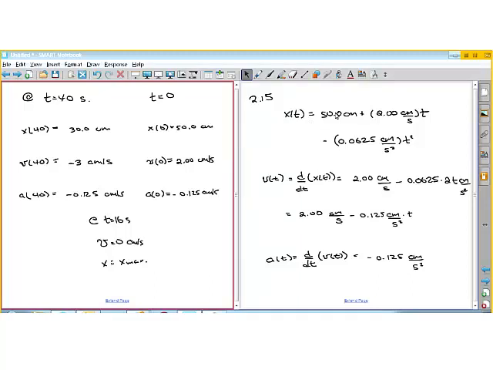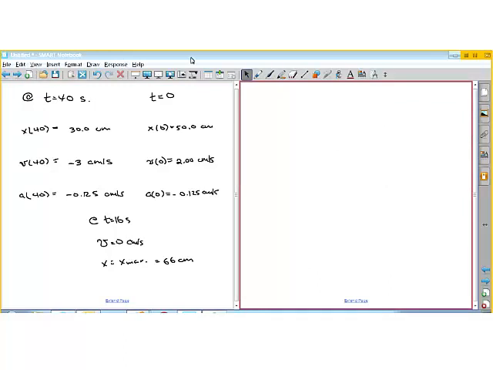So let's go ahead and do it. We're going to take 50 plus 2 times 16 minus 0.0625 times 16 squared. So I get 66. So that's the maximum displacement. Okay, with all that, we should be in good shape.